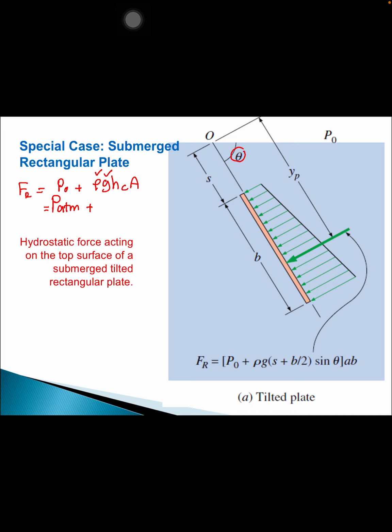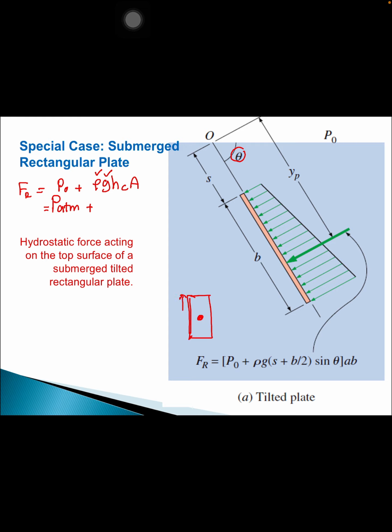G also we have the value. Now we have to calculate the HC. HC means the distance from the surface of the liquid to the center of the object. So you have to find the center of the object first. If you have a rectangle, this is your center.